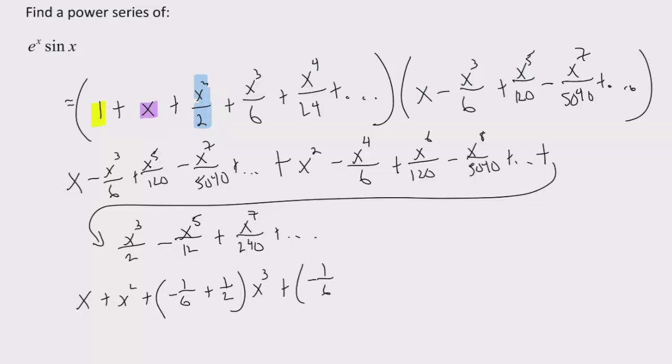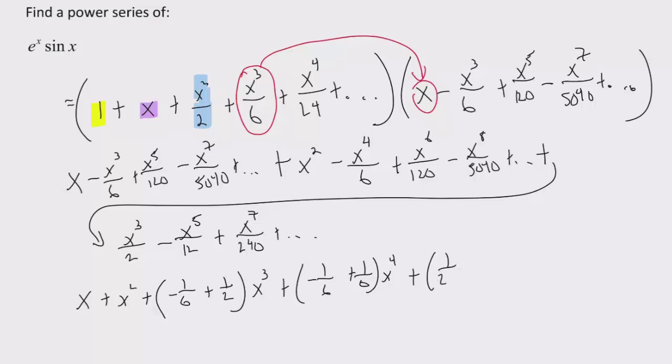Okay, and I do want to point out that there was one spot I did not expand to fully catch this. If I did this x cubed times that x right there, that would also give me an x to the 4th term, which would give me plus 1/6. So plus 1/6 x to the 4th. Let's see how many x to the 5ths I have. So x to the 5th, I have 1/120. What else?